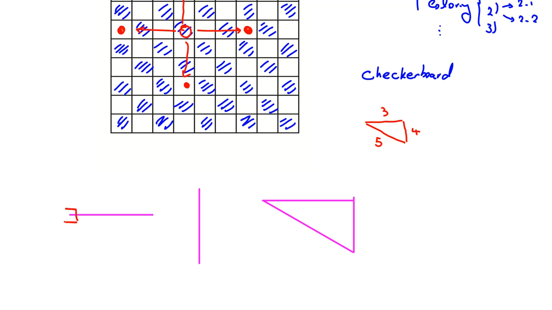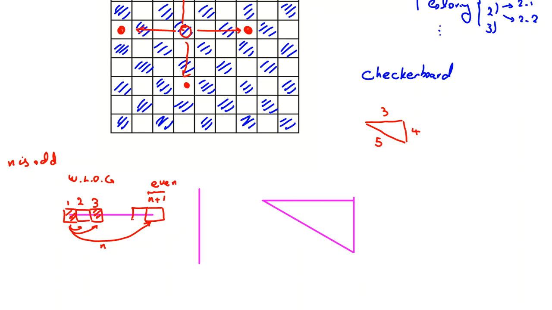Suppose n, and we know n is odd. If it is horizontal: first one, second one, third one, 1 unit to the right, 2 units to the right. As you can see, when there are n units to the right, the square is number n plus 1. Without loss of generality, suppose the first one is black. Then the third one is black, and n plus 1 is even, because n is odd, so it will be white.